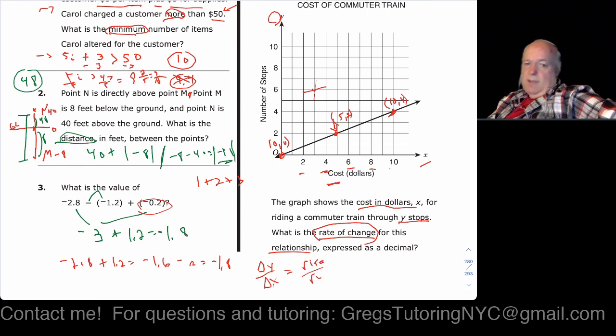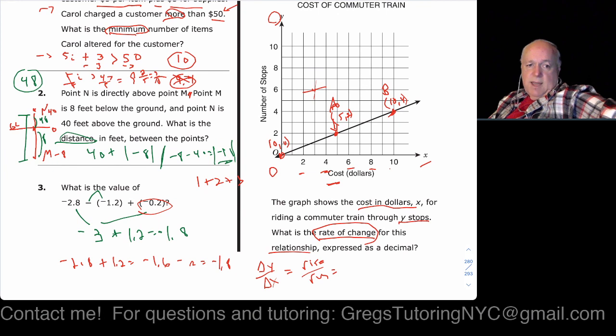And we can pick any of the points here. If we label these, I'm going to call this O, this is point A, and this is point B. So that observation I made earlier has to kick in, because to compute the rate of change we need the points.